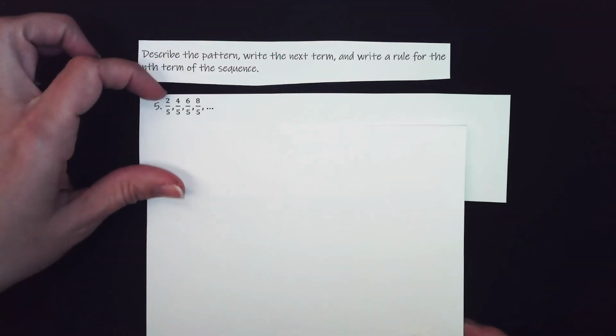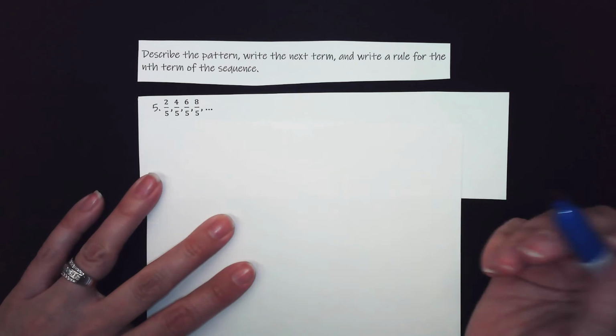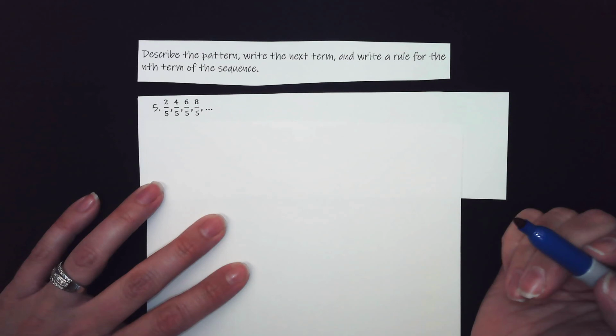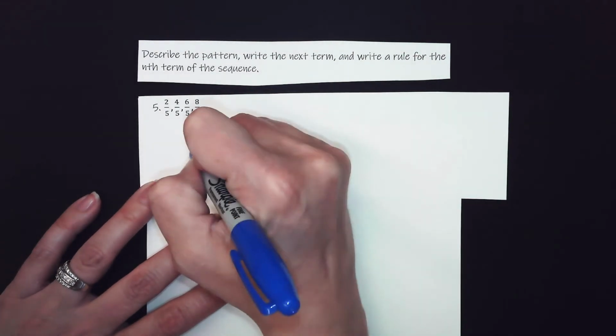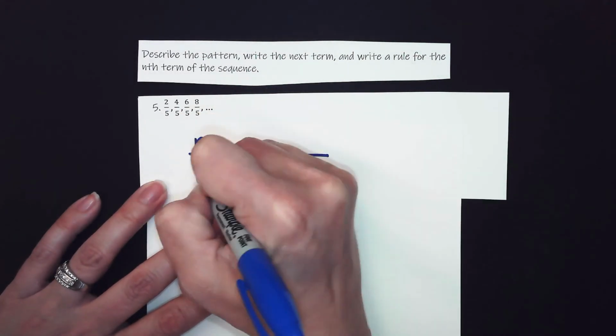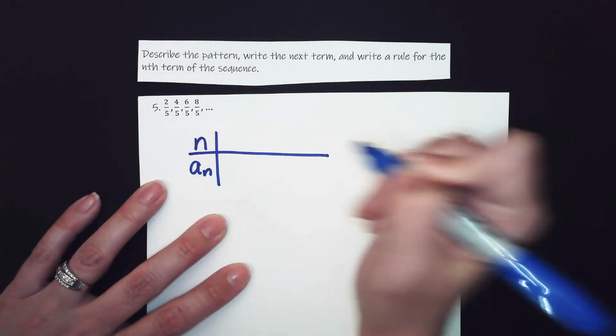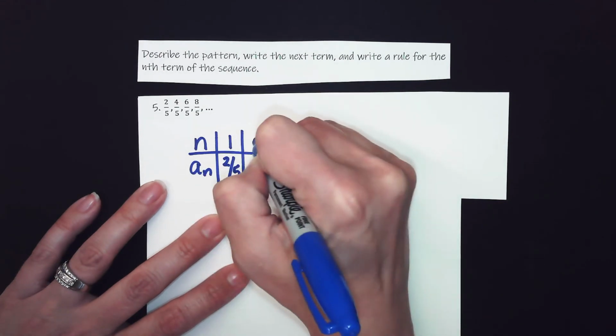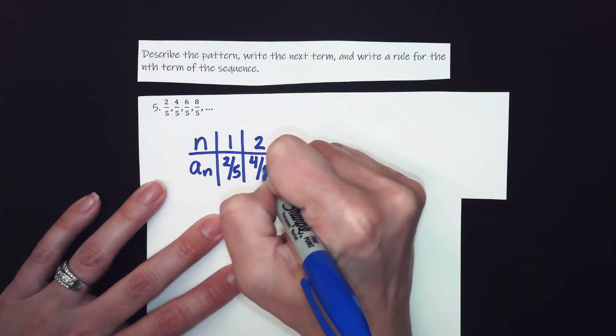All right, let's try it for number 5. Okay, well, we see our pattern here. If I list them in a table here, I'll have n over an. So term 1 is 2/5. Term 2 is 4/5.